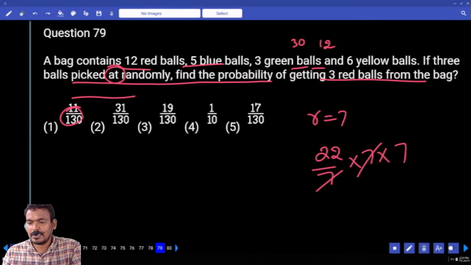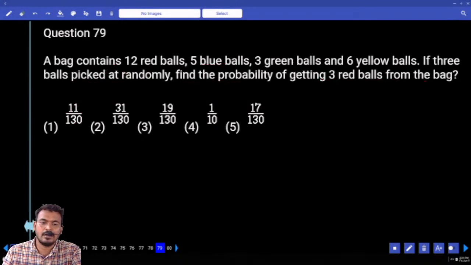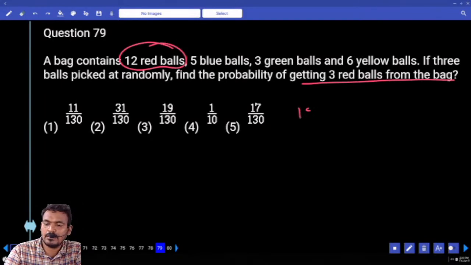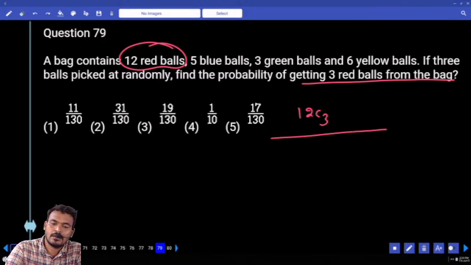Question number 79. A bag contains 12 red balls, 5 blue balls, 3 green balls and 6 yellow balls. If 3 balls are picked at random, find the probability of getting 3 red balls from the bag. How many red balls are there? 12. Then we write 12 C3 by total how many balls? 26 C3.